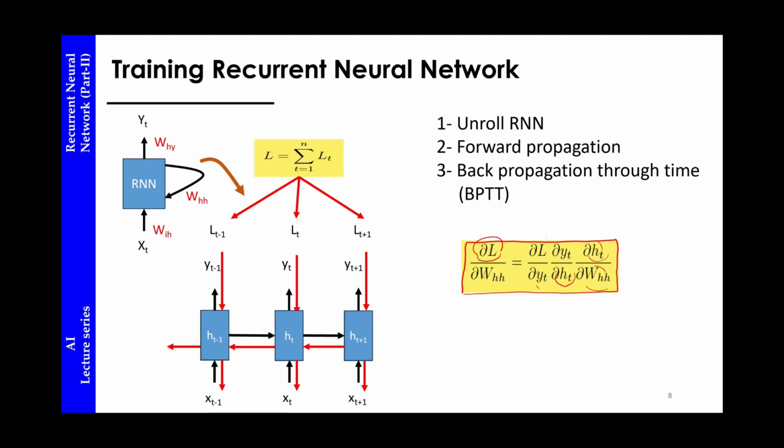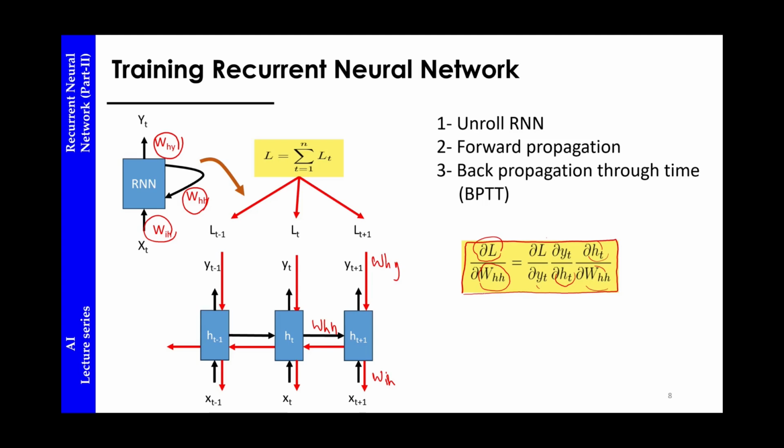But here, for brevity, I just showed WHH. This fraction should be written for all of the weights, like WIH, WHY, and WHH, for all three introduced weights in the recurrent neural network.